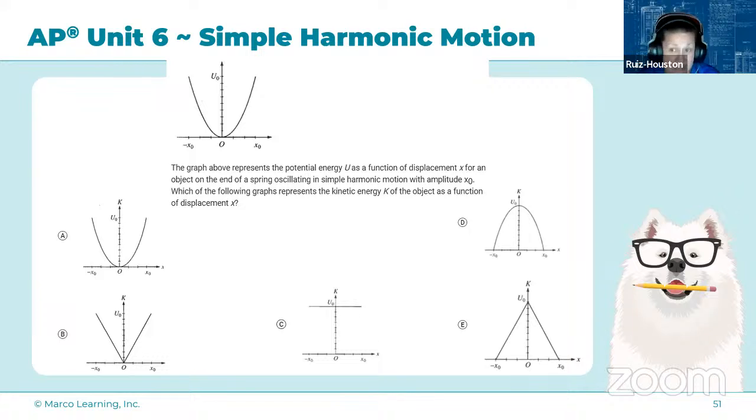Which corresponding graph is the kinetic energy one? How do kinetic energy and potential energy go together? Doesn't it go from potential to kinetic and kinetic back to potential? And this is potential energy on a spring or an elastic medium instead of gravitation. Wait a minute.